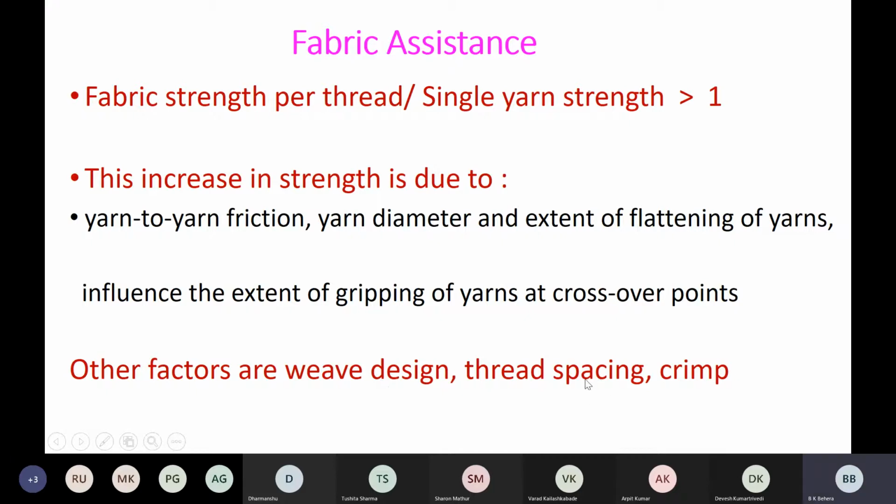Thread spacing: the higher the EPI or PPI, the more the inter-yarn friction. And also many other weave factors, weave design, thread spacing, crimp. So whatever fabric parameter influences the contact area between yarns, whether between warp and weft, or between warp and warp, or between weft and weft, they all contribute to fabric assistance.